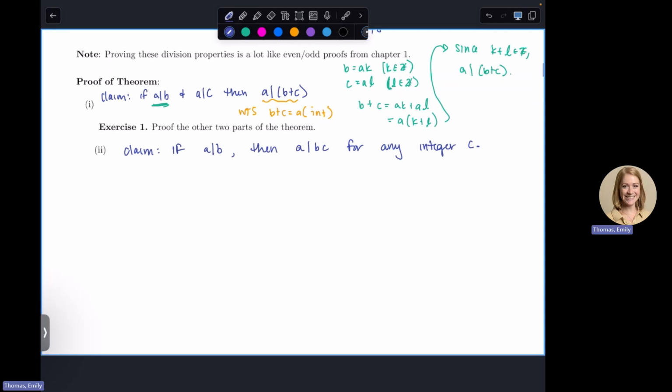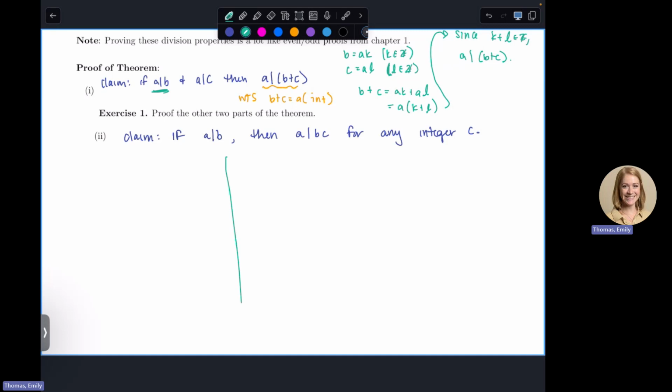Okay, so part 2 of this theorem is that if A divides B, then A divides B times C for any integer C. So we are going to do scratch work and a formal proof here. What do we get to assume? And further that A isn't 0.